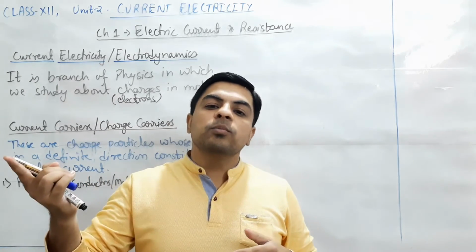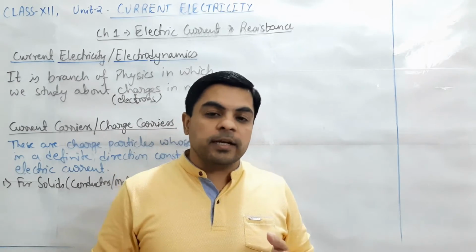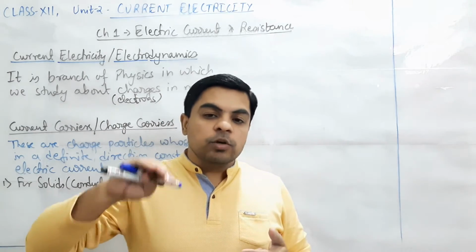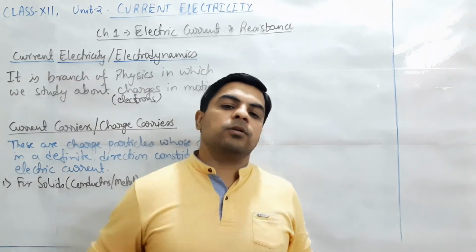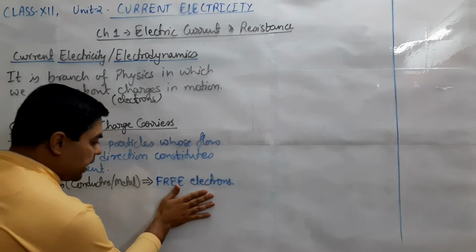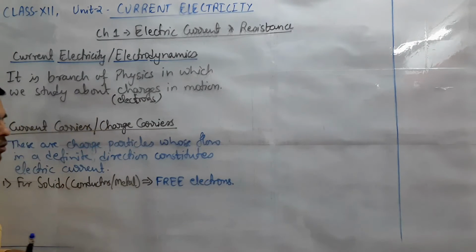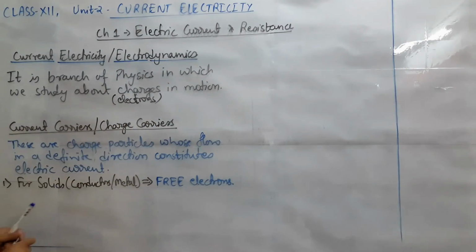They are not able to move out of that campus. So similarly, free electrons are the energetic electrons which have tendency to move from one point to another within the crystal lattice, within the substance, but cannot leave the surface of that substance. So these are those free electrons, energetic electrons, and when they flow in definite direction, they constitute electric current.